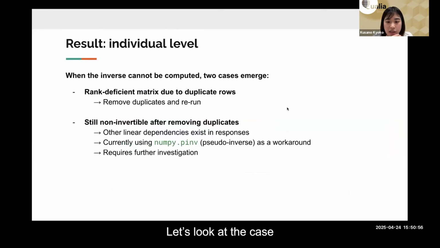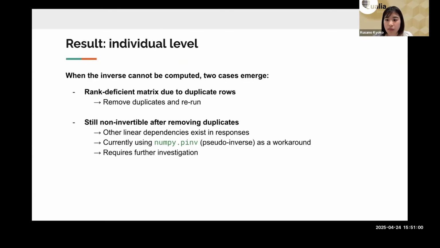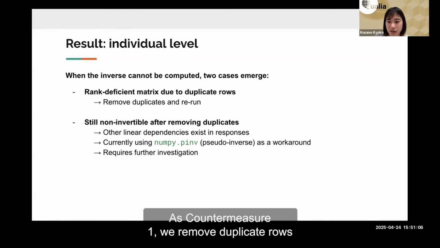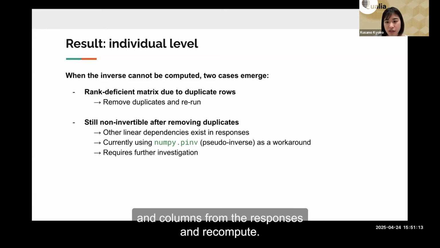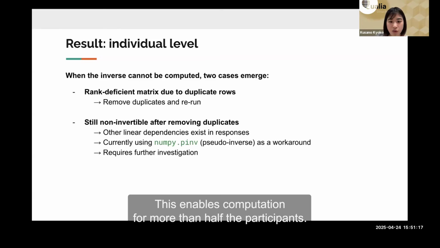And let's look at the case where the inverse matrix cannot be computed. The determinant of the matrix becomes 0, making it undefined by definition. As countermeasure 1, we removed duplicated rows and columns from the responses and recomputed. This enables computation for more than half of the participants.